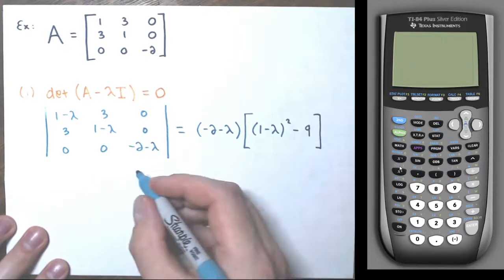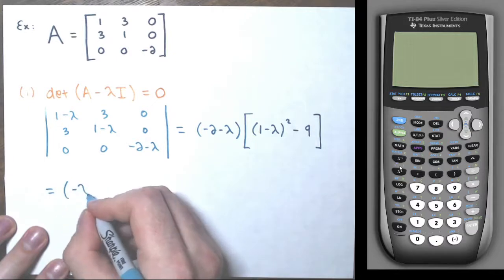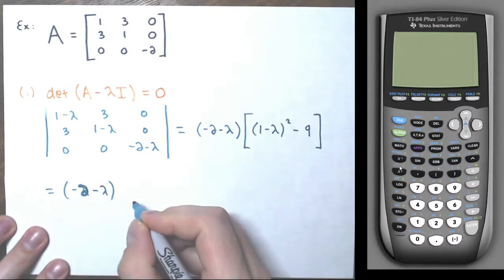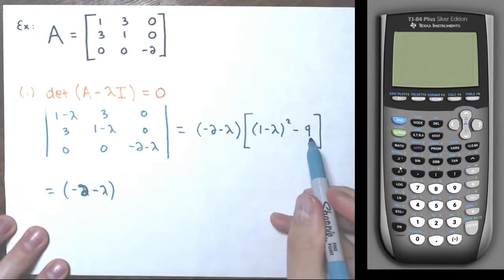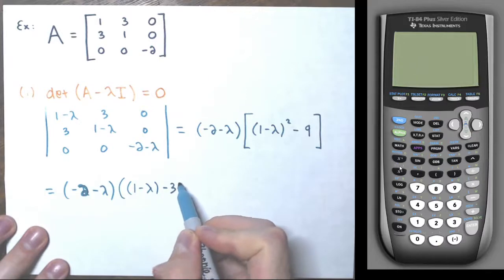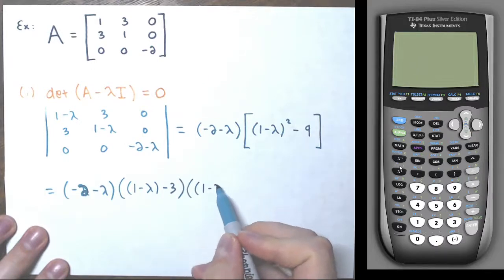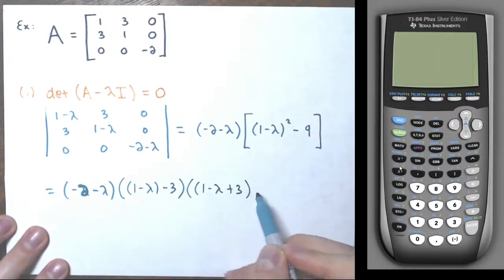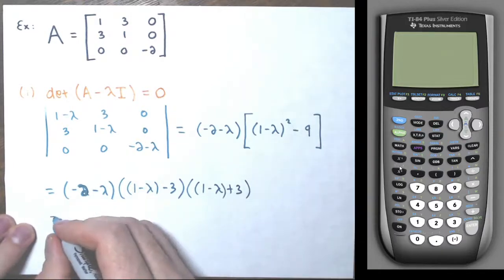Okay, and got -2 minus lambda, which is already its own factor, right? -2 minus lambda. And then this here is a difference of squares. So this will factor to 1 minus lambda minus 3 times 1 minus lambda plus 3, right? Or you could actually multiply it out and get something that would be easily factorable as well.